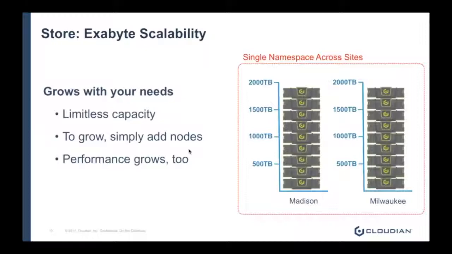Every major cloud provider since then has been built on object storage, and that includes Amazon, Microsoft, and Google. So the fundamental reason for this was scale. They needed something that would grow, and in fact, that's what object storage provides: limitless scale and the ability to grow across multiple environments in a single namespace.